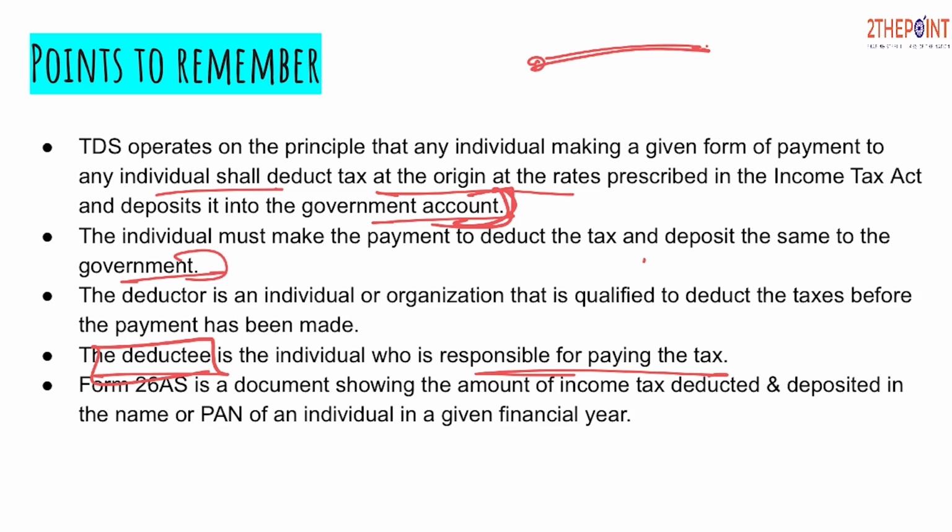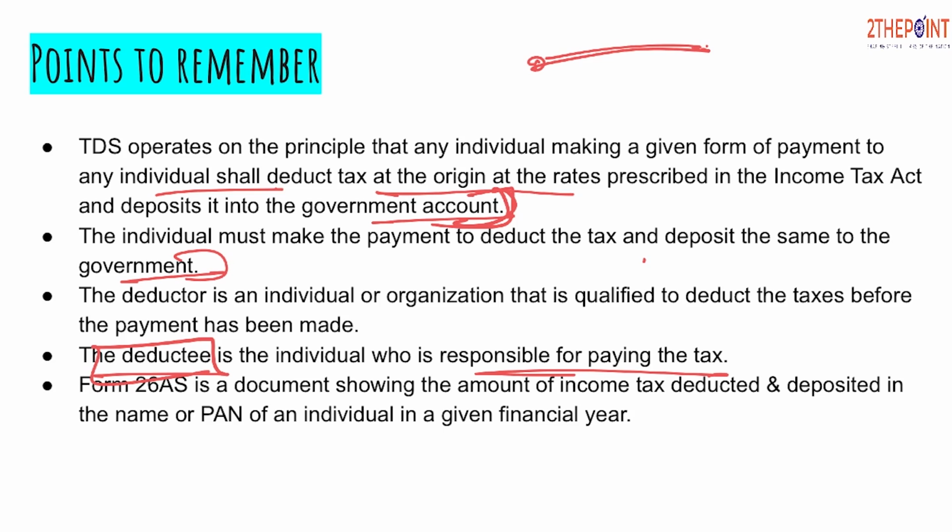Why? Because those people do not fall under the category where they should pay income tax or any sort of tax. Those people work in the unorganized sector, and they are not liable to pay taxes because they do not fall under such a category where they could pay income tax. So a deductee should be one who is responsible for paying tax.